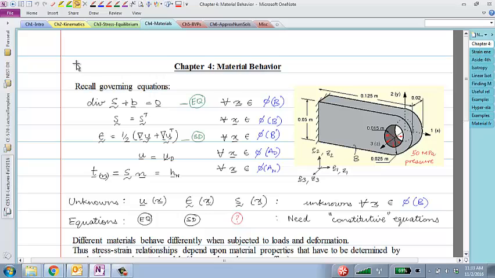So in the context of solving a structural mechanics problem, something like this, we have seen that again and again in the course. We laid out, in the very first couple of lectures, the unknowns that we are solving for.